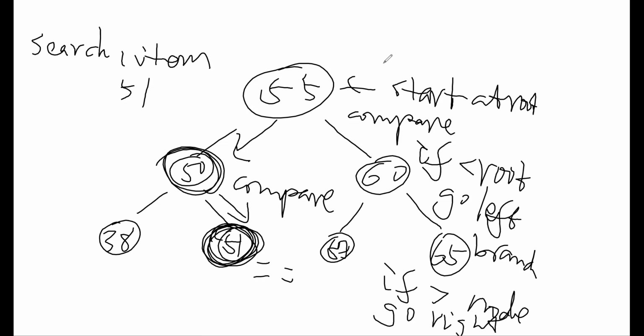Suppose you want to find some other item, 90. You go from the root. It's greater, so I go to the right. It's greater than 60, so I go to the right. It's greater than 65, but there is nothing, so it's null.